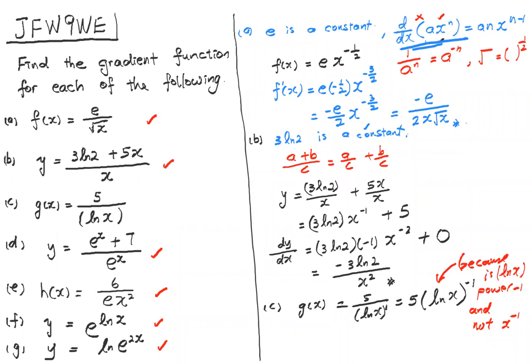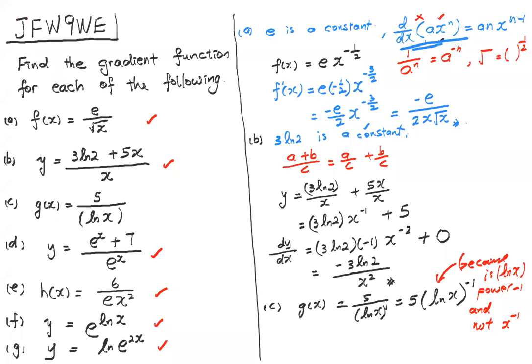Okay, then let's go to part D. Part D is also the same as the question just now, whereby you have to split. Part D is y equal to e to the power x over e to the power x plus 7 over e to the power x.